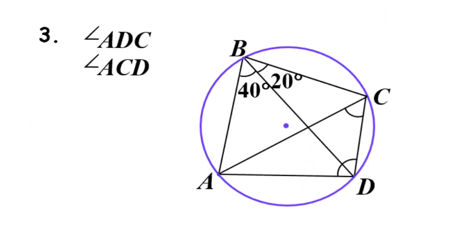And example 3, find the angles ADC, which is this full angle down at the bottom, and then angle ACD, which is this angle in red. So to work out ADC, what we have is that ABCD is a cyclic quadrilateral.